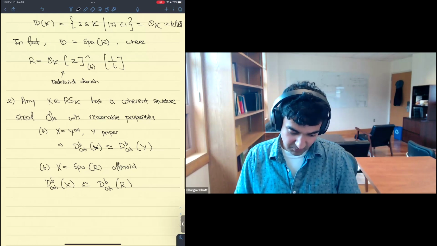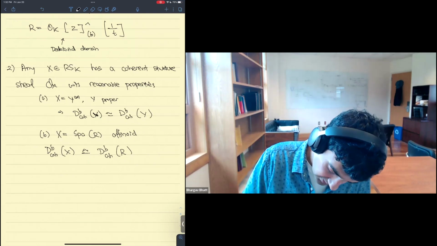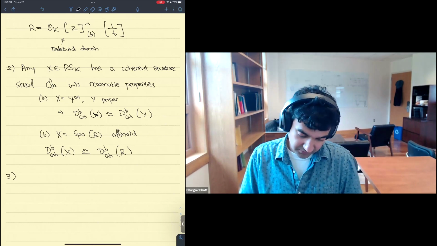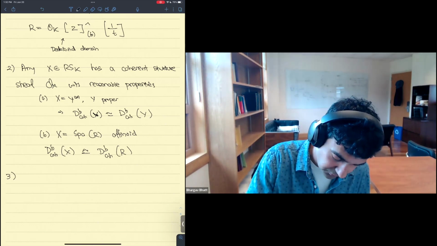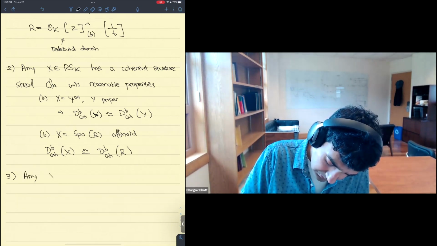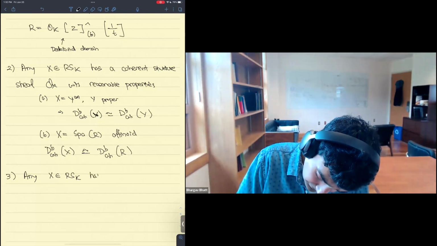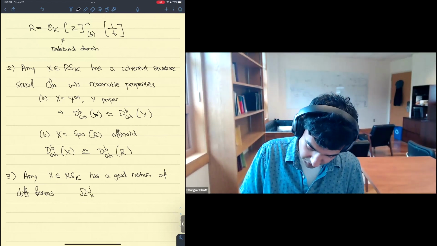So far, I'm telling you everything works just like it does in algebraic geometry, and there's one more item along these lines, and then I'll tell you something funny that happens. So essentially, a consequence of property 2 and a little work is that any rigid space has a reasonable theory of differential forms. And again, it works like in the algebraic case. Good in the same way the usual notion of differential forms was good in algebraic geometry.